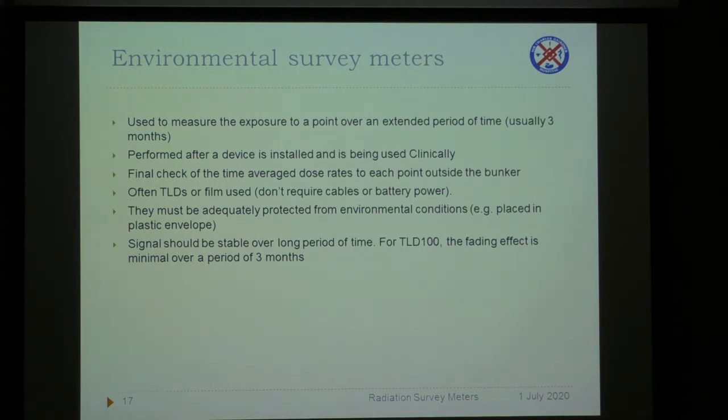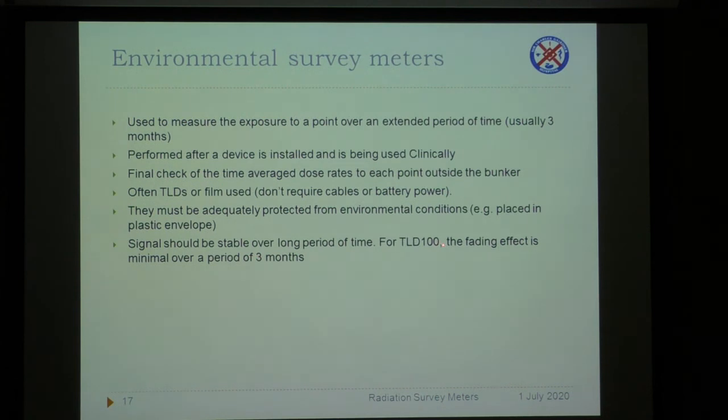They're normally either TLDs or film, and you place them around at your points, stick them on the wall, and leave them there for 3 months while the machine is being used clinically, and then you measure your dose. You make estimations for your workload and your use factor, but this actually measures the real dose that's been delivered there in the certain period. TLD or film are used because they don't require cables or batteries. You can leave them there for 3 months without worrying about them.